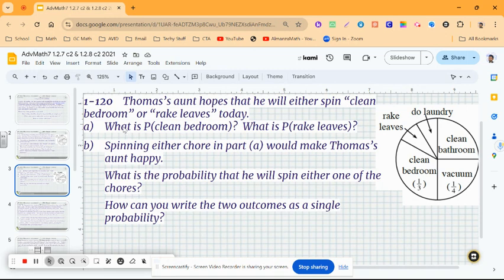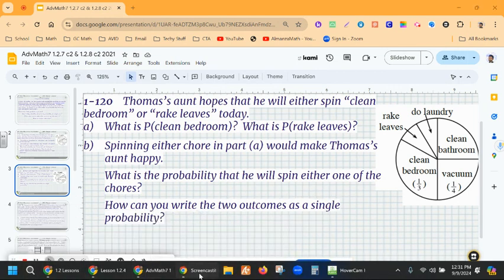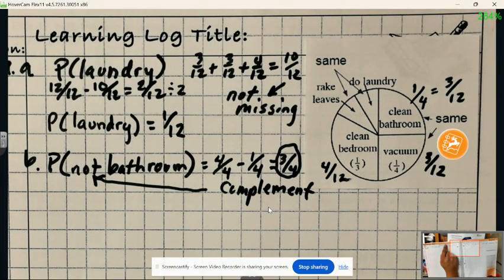What is the probability of cleaning the bedroom, and what is the probability of raking the leaves? Well, we know that the bedroom is 1/3. We know raking the leaves is 1/12, and either chore would make his aunt happy. So what is the probability of getting either cleaning the bedroom or raking the leaves?